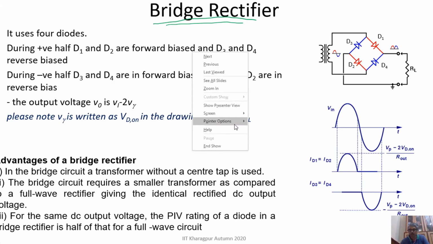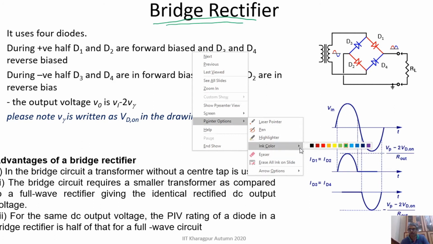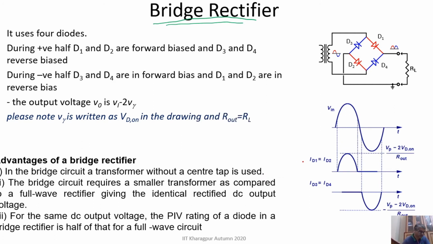So in this case, say in the positive half, I have drawn here. In the positive half, say this is positive and this is negative, and you see the current is basically flowing like this, and it will go like this and come back here.